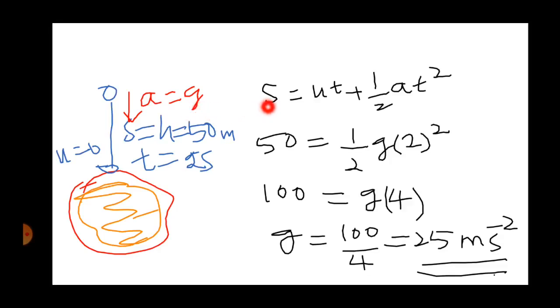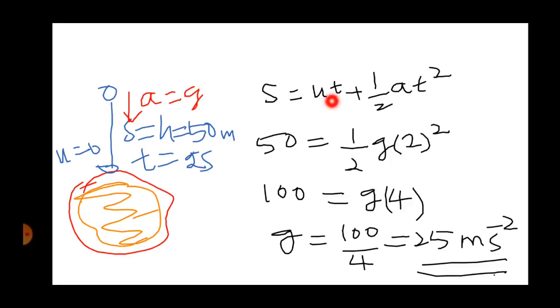Now using the kinematic equation, s is equal to ut plus 1 by 2 a t square. Already you know this is a kinematic equation. Now substitute the value of s, the height of 50 meters, and the initial velocity, which is 0.